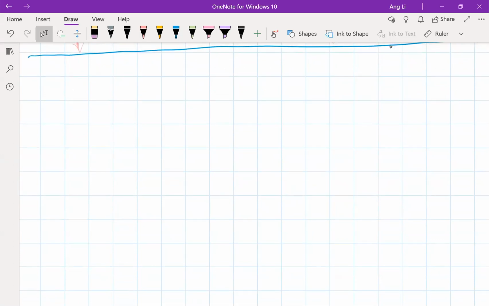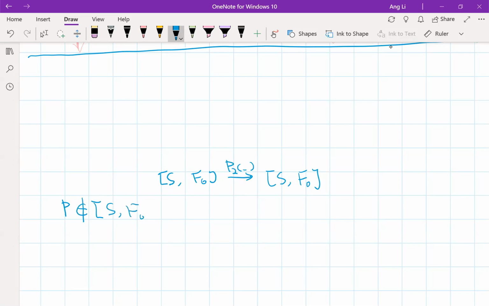So the goal is to show a map on Ext, repeating that with F0, this P sub 2, to show when this map is an isomorphism. And then, P is not in Ext, and let's briefly write this. It's also not an element in S comma F0.